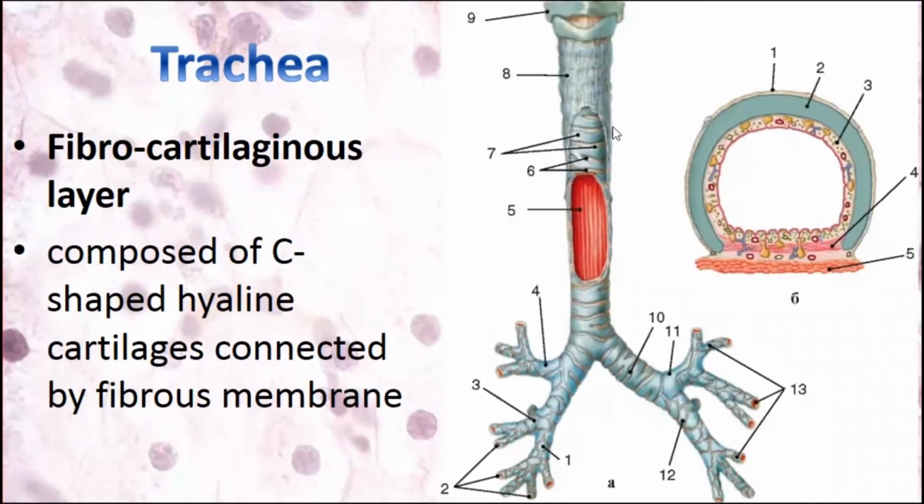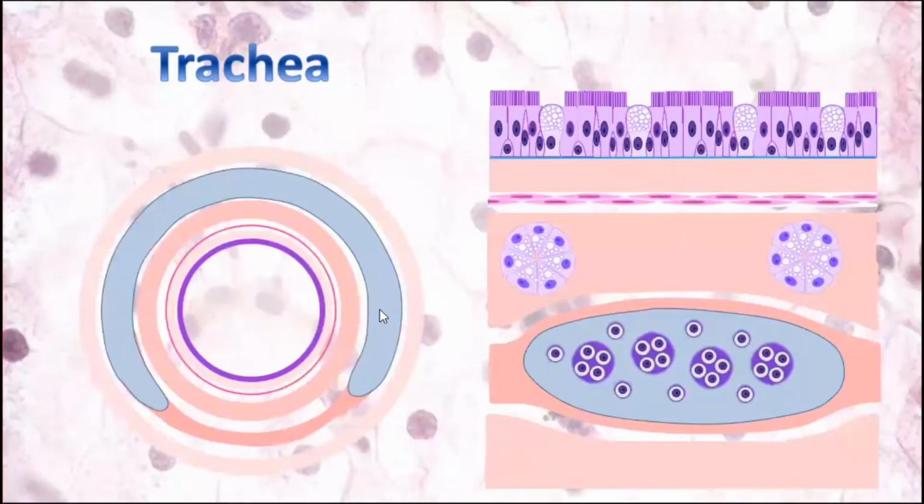Anterior and lateral walls of the trachea are hard because they are composed of cartilage, and they maintain the shape of the trachea, but the posterior wall is soft. And there is a fibromuscular membrane which connects the ends of the C-shaped cartilage.